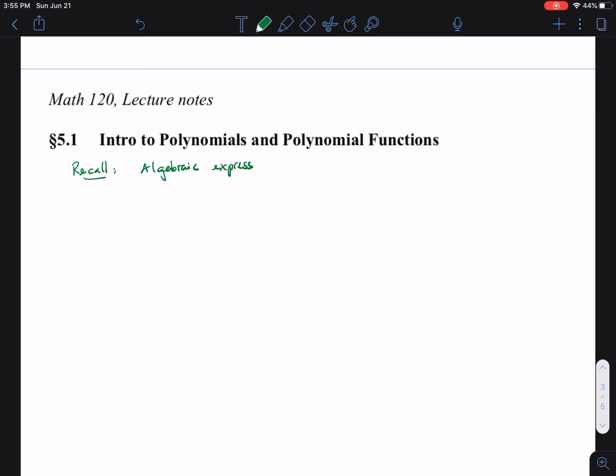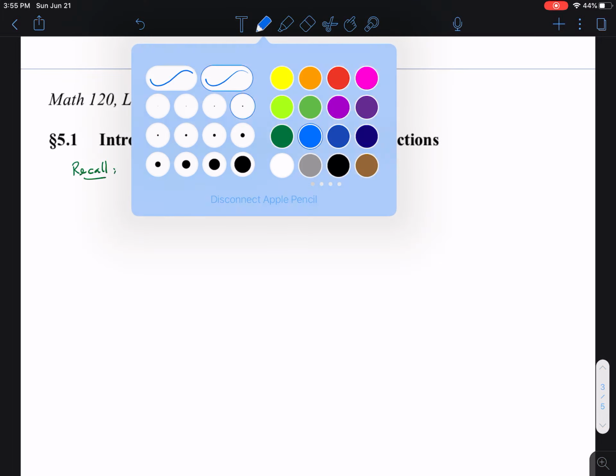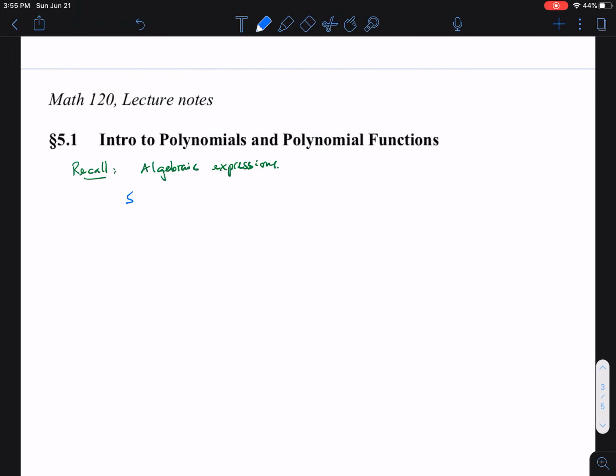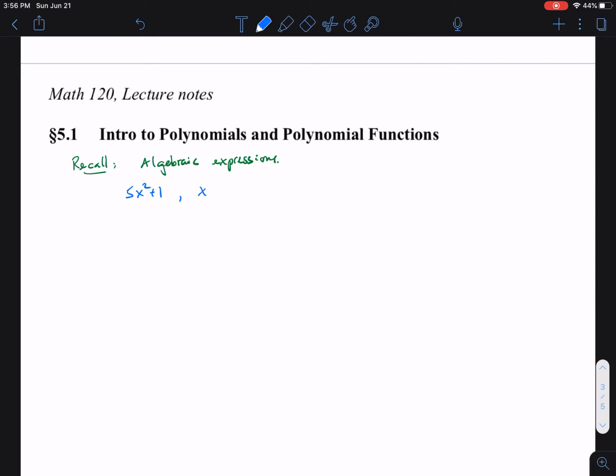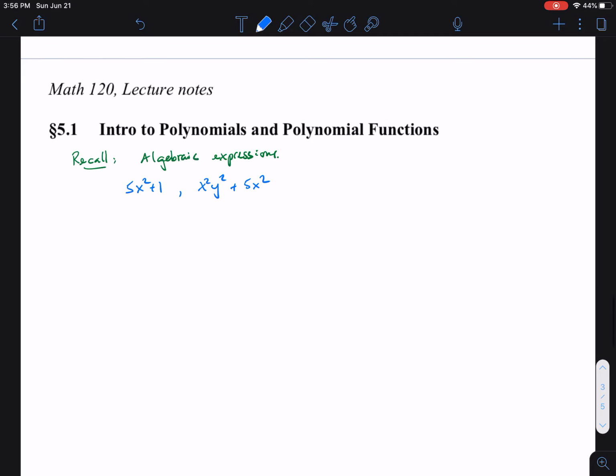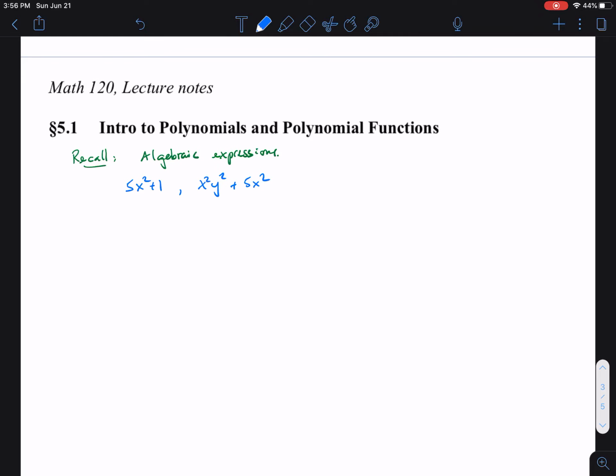Those are terms like 5x squared plus 1, where you have terms that add or subtract each other, or you can have x squared y squared plus 5x squared, or something like that. Usually a variable with a coefficient, or just a constant. So let's say 3 is considered an algebraic expression.